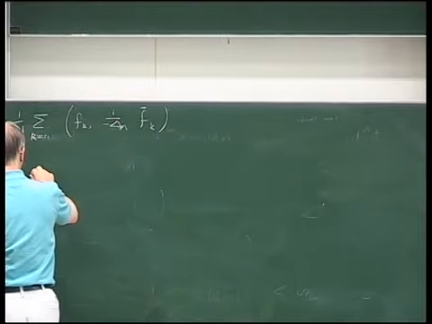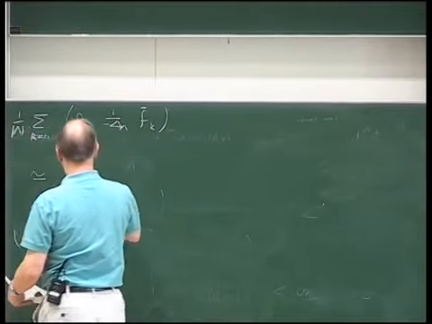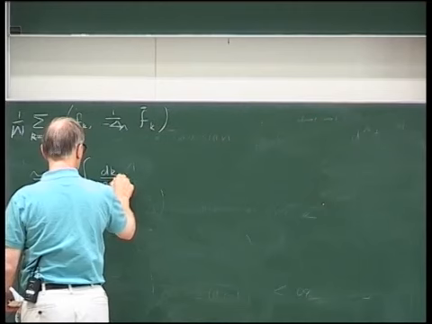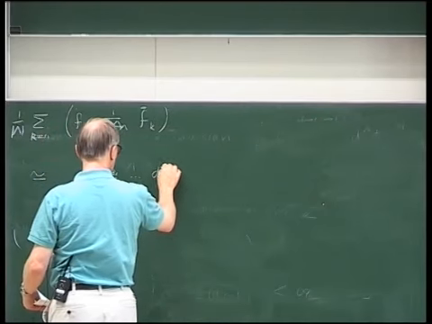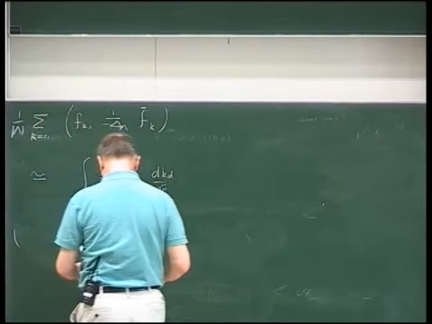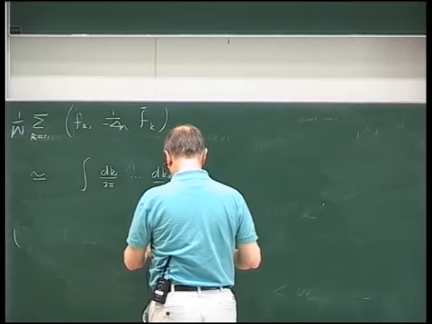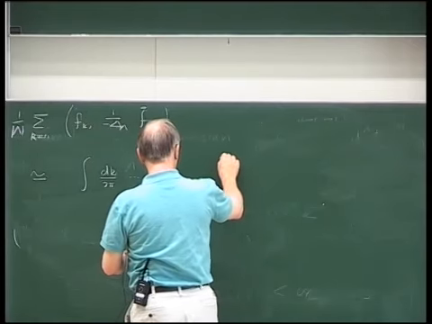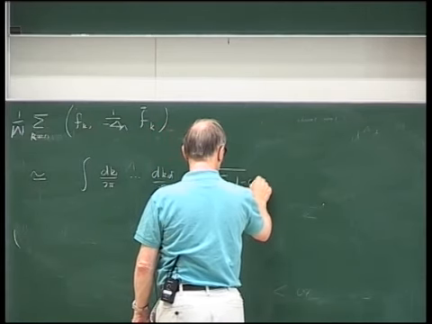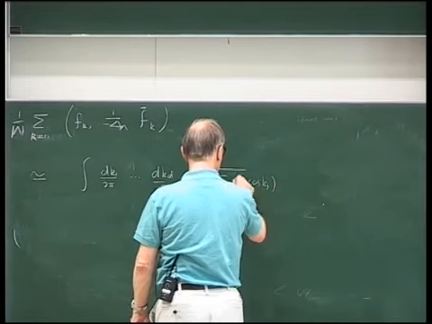So it's very nearly equal, when lambda is large, to the integral dk_1 over 2 pi up to dk_d over 2 pi of 1 over 2 sum of 1 minus cosine k_j.